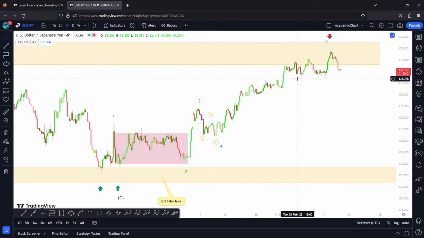This is going to be called an ending diagonal, and usually, as I said about diagonals just a few moments ago, the waves are going to enter the territory of the previous ones. But let's see if I can somehow count these waves.